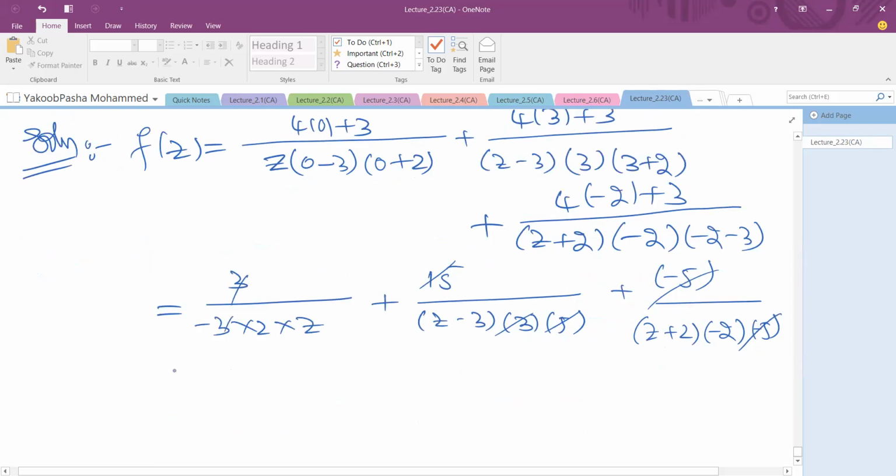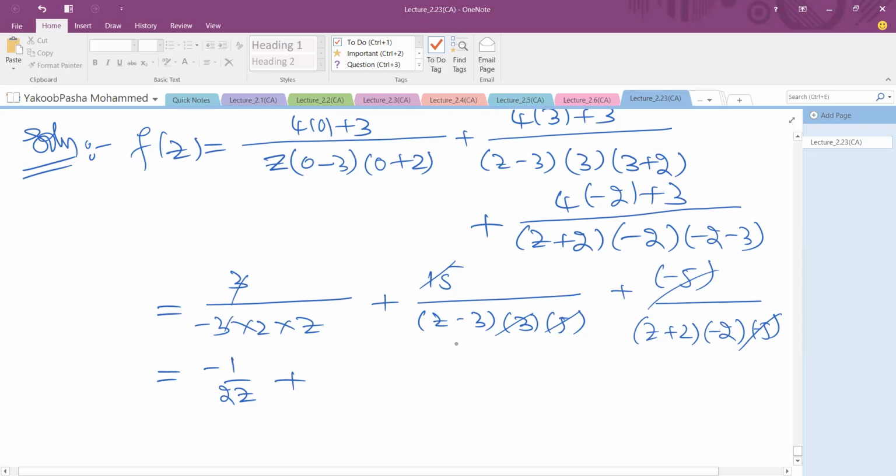So here we can write minus 1 by 2z. Next plus 1 by z minus 3.